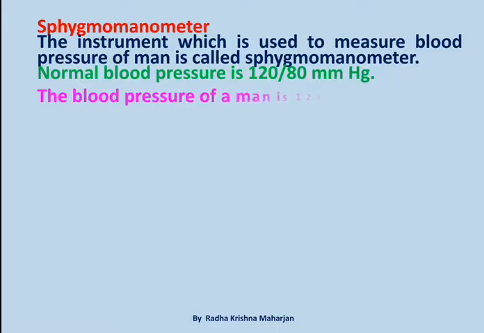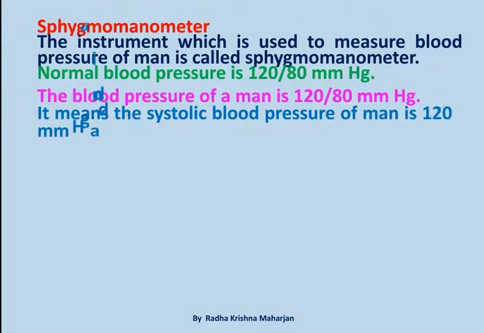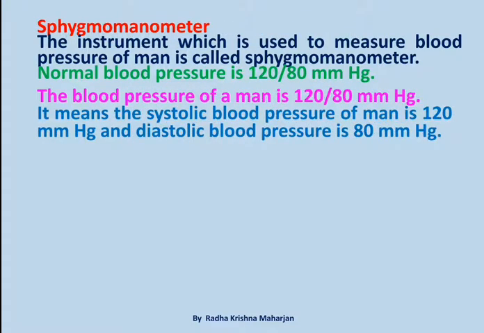If the blood pressure of a man is 120 by 80 mmHg, it means the systolic blood pressure of man is 120 mmHg and diastolic blood pressure is 80 mmHg.